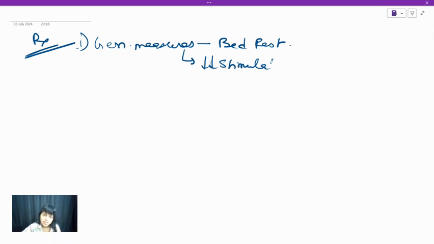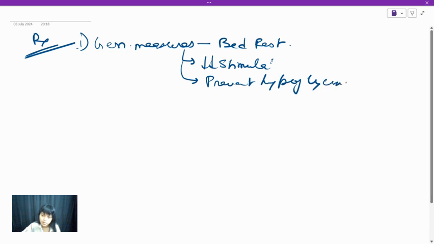In general measures, you need to look for or prevent hypoglycemia. Okay. One more important thing is you need to treat the electrolyte imbalance. Right? So this is very important.